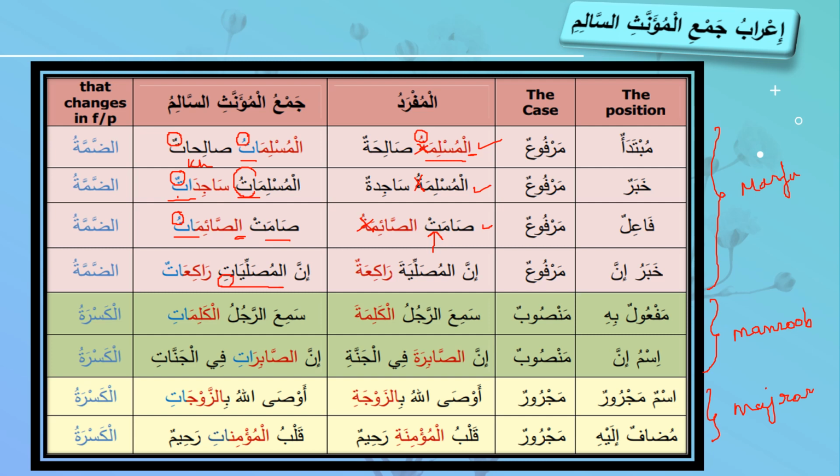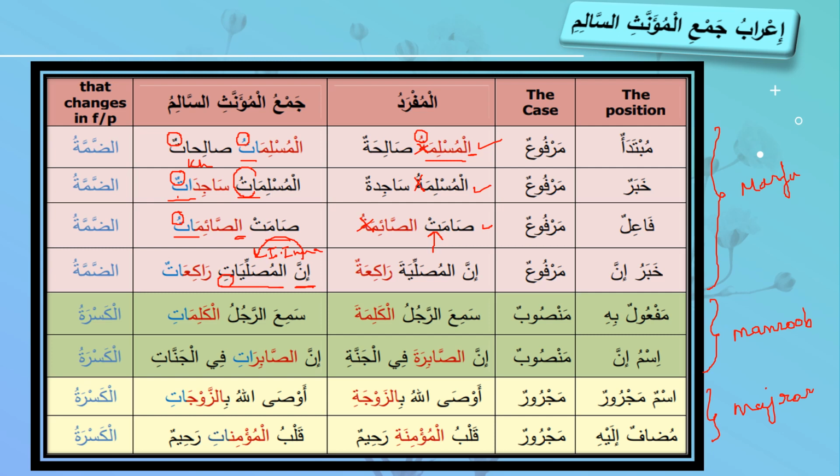And don't make a mistake in doing the Arab as in majroor case, because you know the position. Check the position. How do you know that this Jama Muannas is in mansub case? Check the position. It's coming after inna. So whatever comes after inna is ism inna. I'm writing it in short, ism inna.